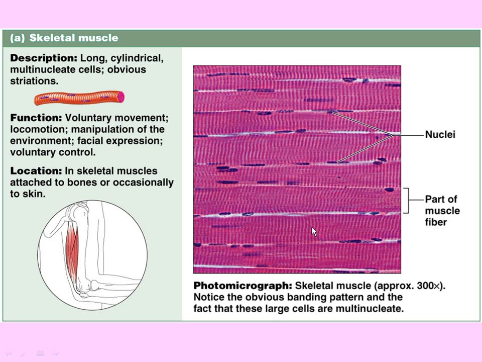Also, if you look at each muscle fiber, there are some stripes that run top to bottom. Those stripes, which we call striations, do have a purpose, which we'll learn about in Unit 4 when we go over muscles and how muscles actually contract. But this is very unique, and something that you can see under the microscope are these stripes that run up and down on the skeletal muscles.